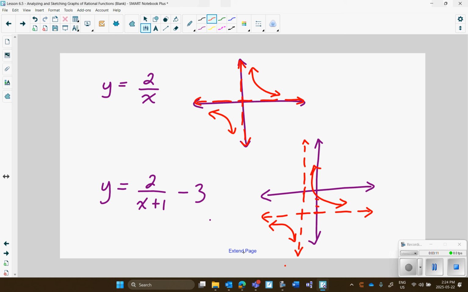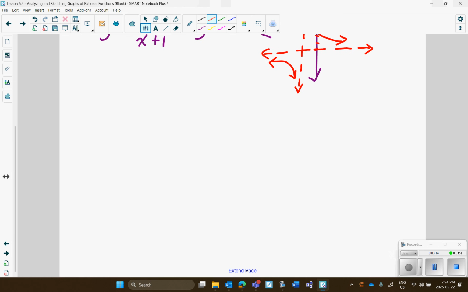Then we had one that was very similar to the first one, except it had an x squared. Well, the horizontal asymptote is still the x-axis. The vertical asymptote is the NPV.